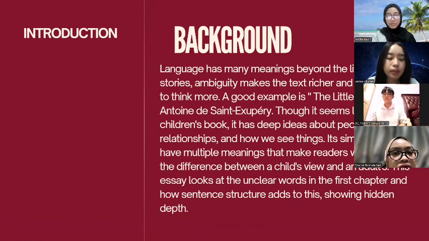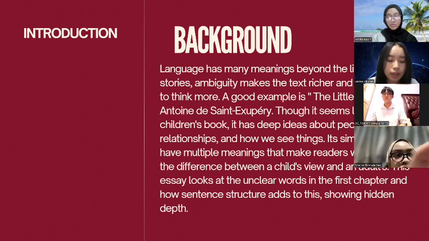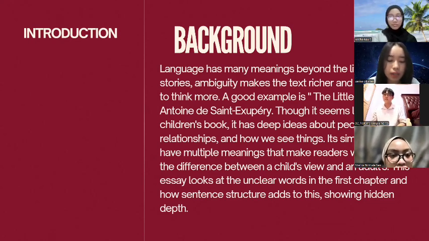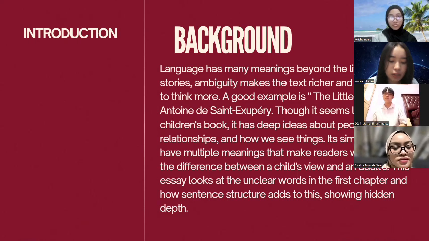And here's the introduction part. In the background part, language has many meanings beyond the literal. In stories, ambiguity makes the text richer and asks readers to think more. A good example is The Little Prince by Antoine de Saint-Exupéry.